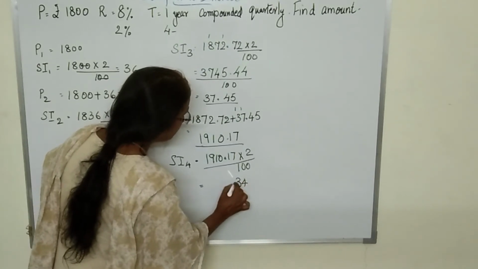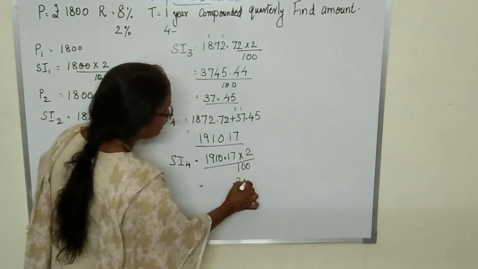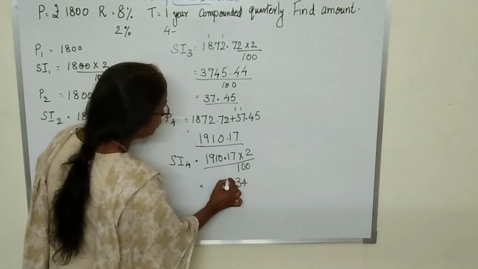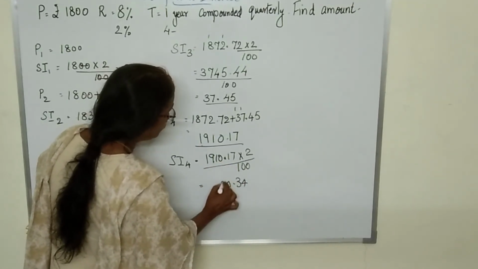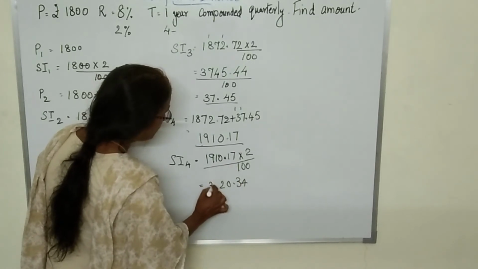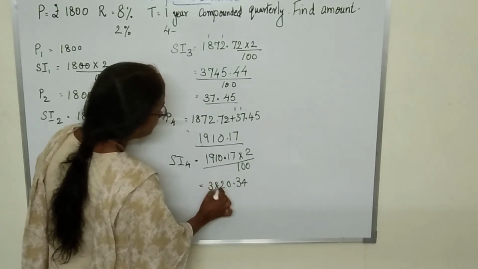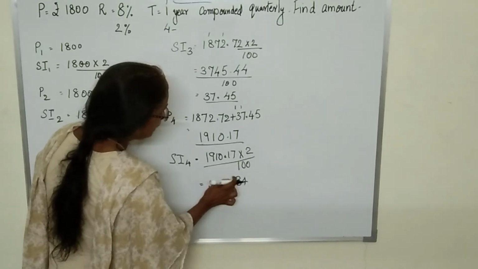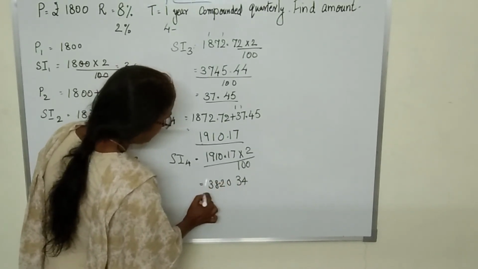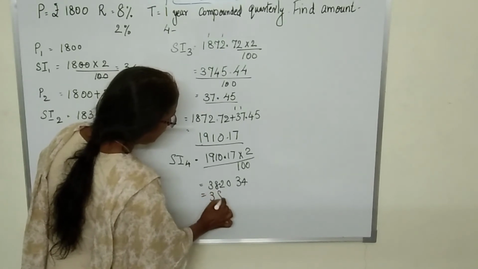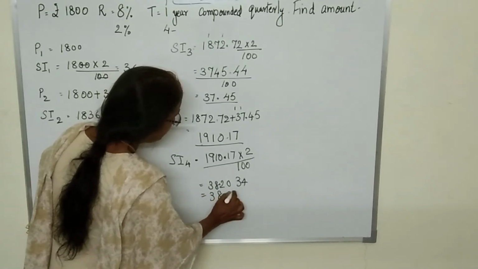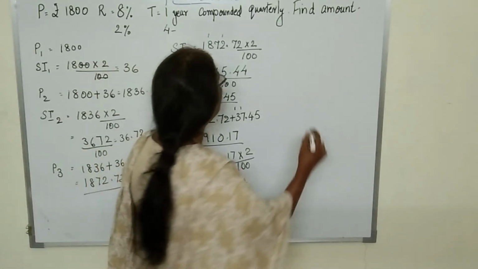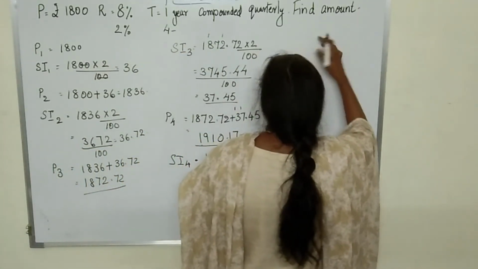multiply it, 2 7s are 14, 2 1s are 2 plus 1 3, 2 0, 2 1s are 2, 2 19s are 38 upon 100. So this decimal point will come here, which is equal to 38.20. So what will be the amount after 1 year, that is 4 terms?